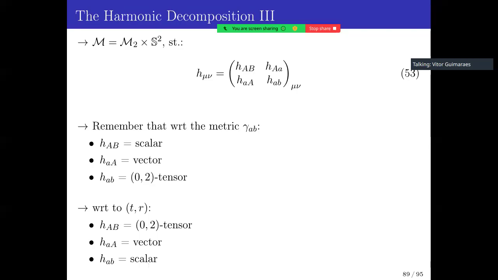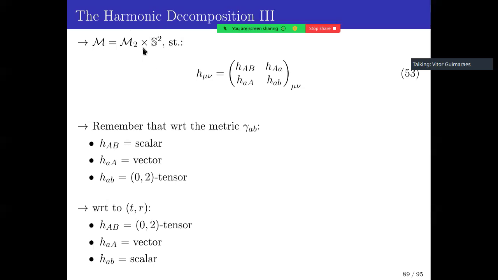Are there any questions about this? I mean, maybe it's a little bit confusing at first, but since we decomposed our manifold, right, the objects that are present in the full manifold may have different characters depending on how they transform, right? So here all angular transformations are in this part, and all the T and R transformations are in this part, right?